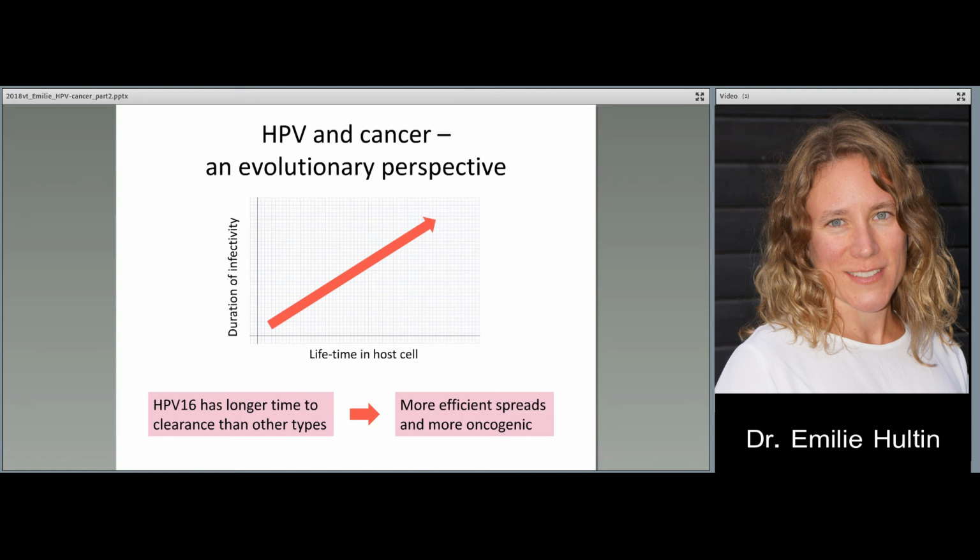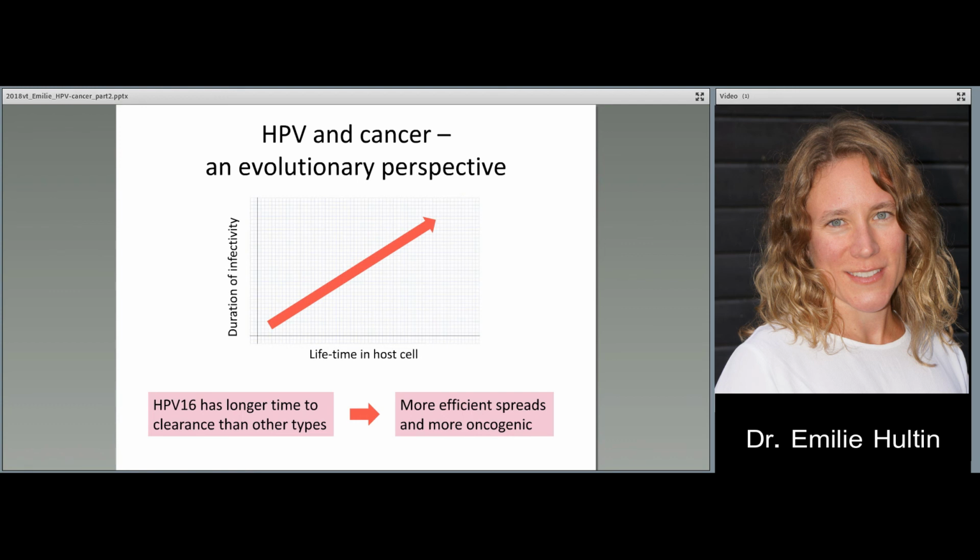So it's a matter of time. The advantage is that high-risk types, like HPV-16, take longer to clear than other types. This leads to a more efficient spread as they stay a long time within the host cell, so they have a longer duration of infectivity.